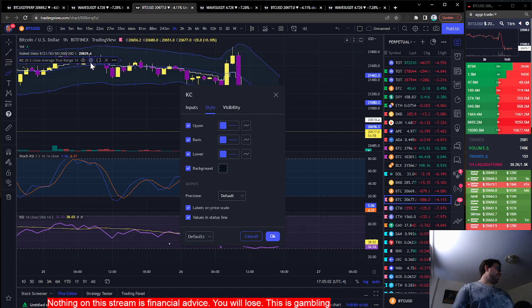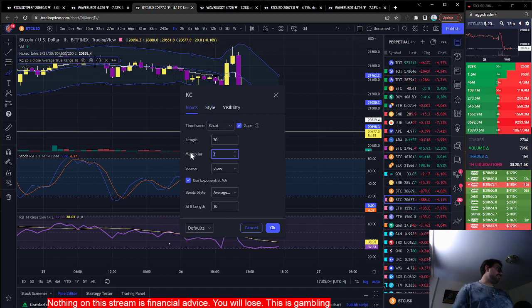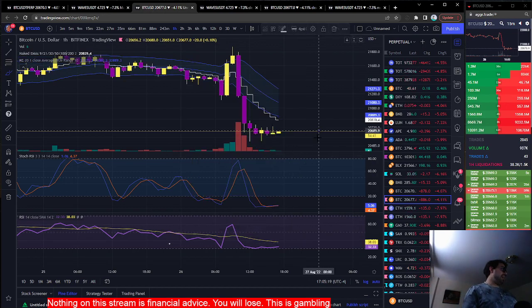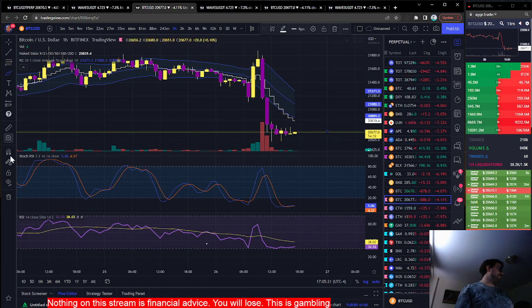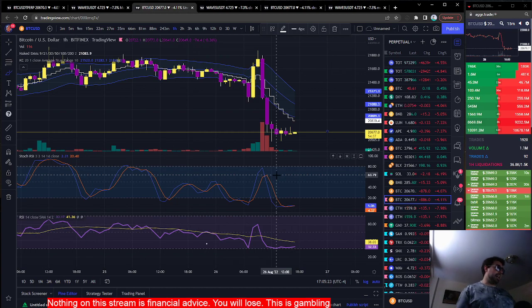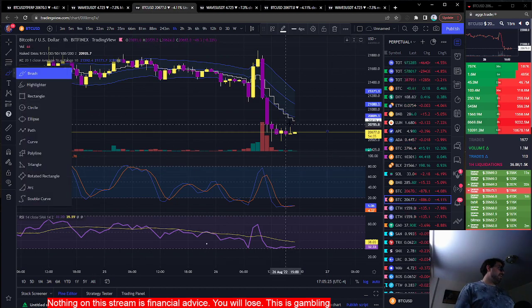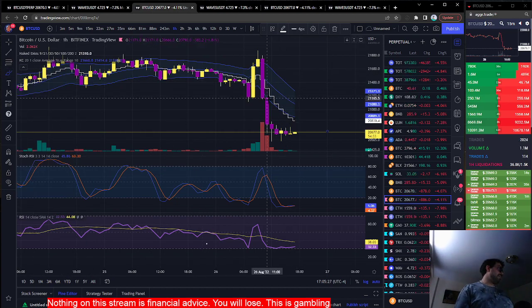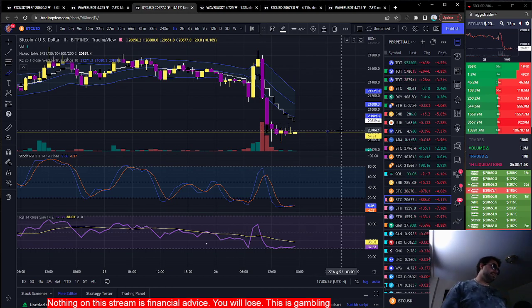For my Keltner channels, I like to set a multiplier of 1 on the lower time frames. On the higher time frames, I've been liking a multiplier of 2. The way Keltner channels really work, and how you can use stochastic RSIs to your advantage here, especially on a multiplier of 1, is why I'm expecting a little bit of a bounce up right now, because we're kind of oversold on the 1 hour.